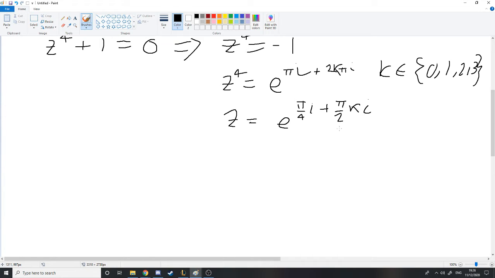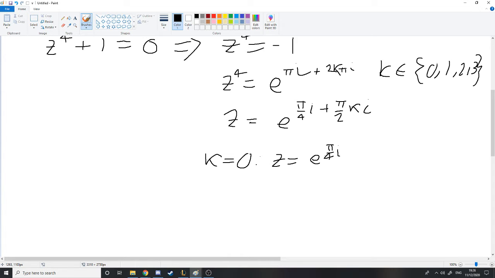Let's consider k as 0. We get z equals e to the pi over 4 i, and then we also have the complex conjugate of this.